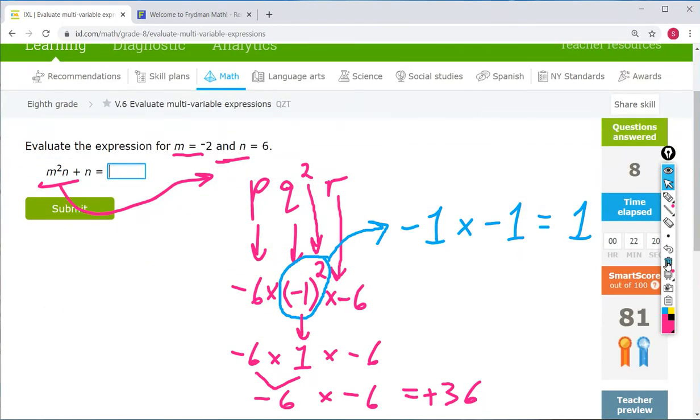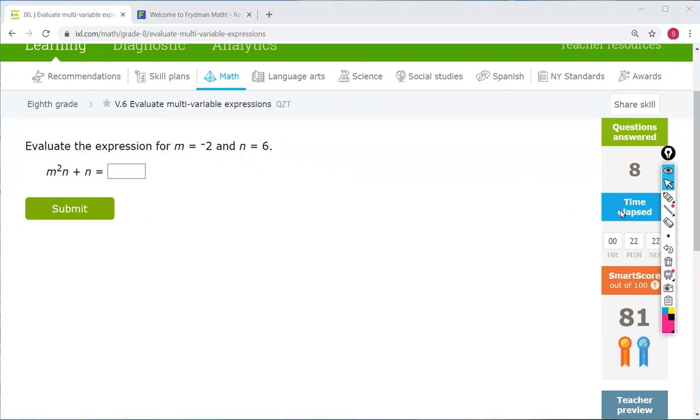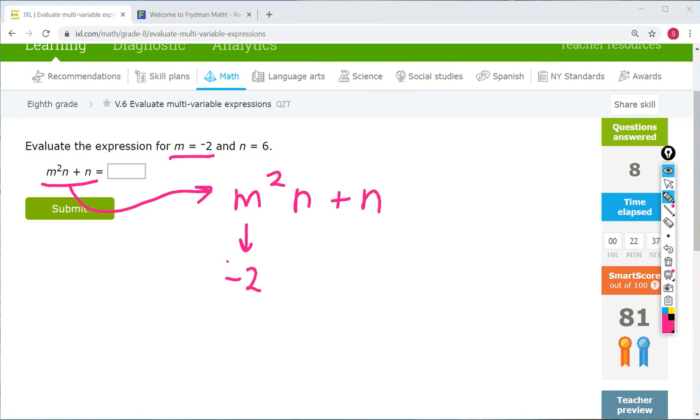Okay, so we'll do another one with exponents. m squared n plus n. So m is -2, so I'll put a -2 over here, and do not forget to raise that to the second power. And we're going to multiply that by 6 because n is equal to 6.